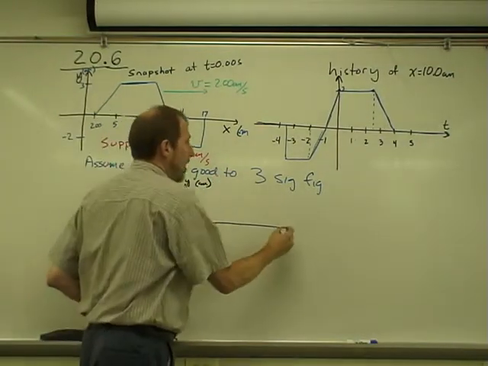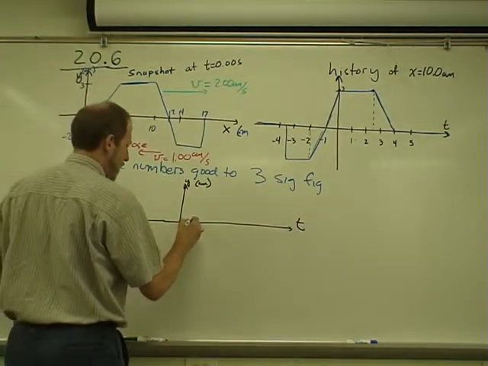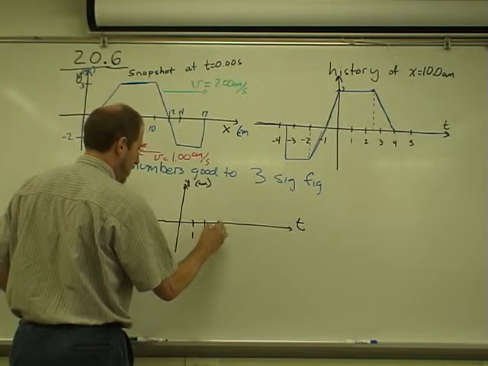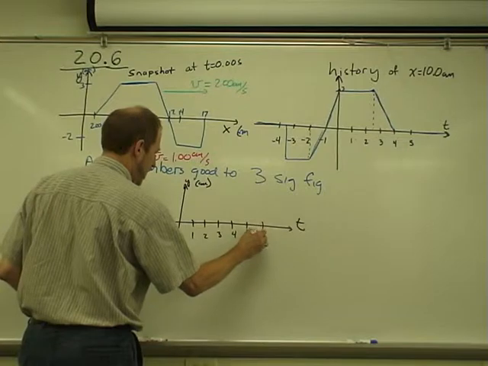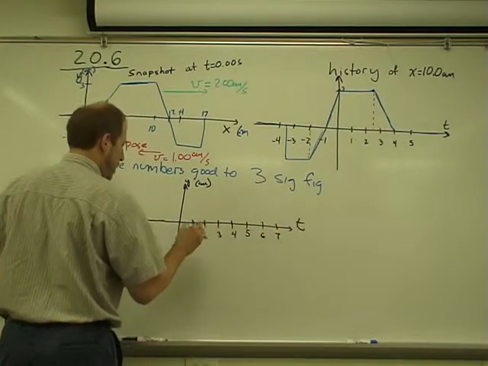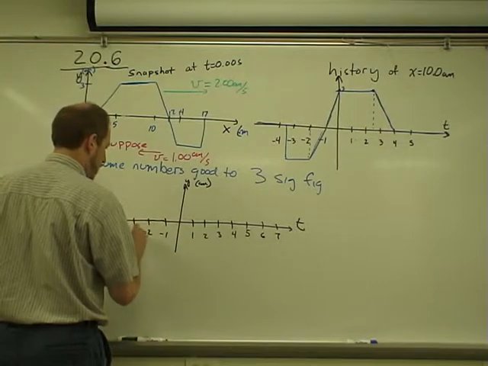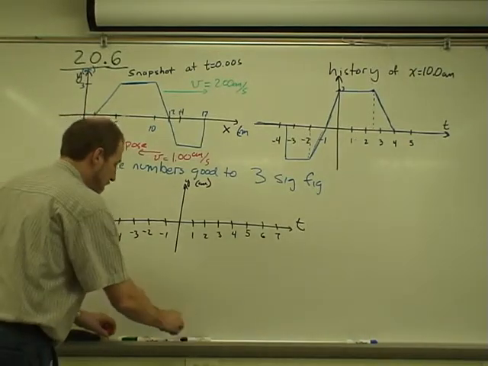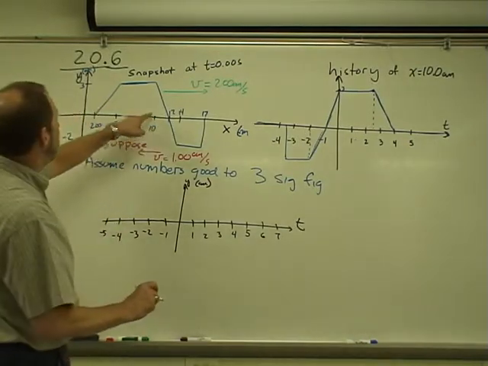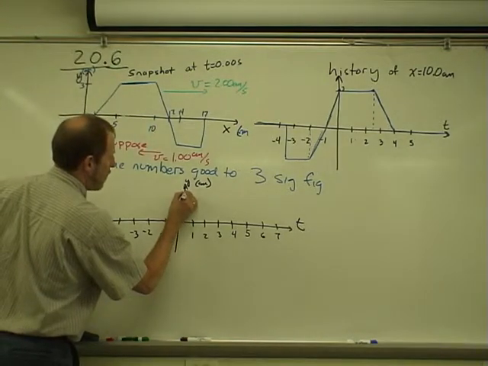Well, if I wanted to make a history graph out of that, at this starting point, t equals 0, I'm still up at my maximum value of 3.